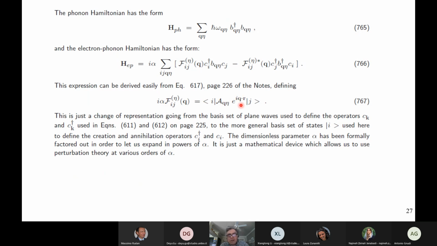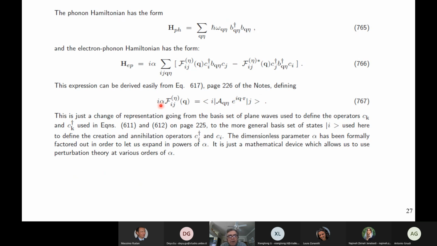So I hope it's relatively simple. I take just the spatial dependence of the electron phonon Hamiltonian and take the matrix element over the eigenstates so that I have this matrix element over here, which depends on q, the q vector of the phonon, and then the polarization is a little different from what I had, because it depends on which two states I'm coupling, because I don't have purely plane waves.